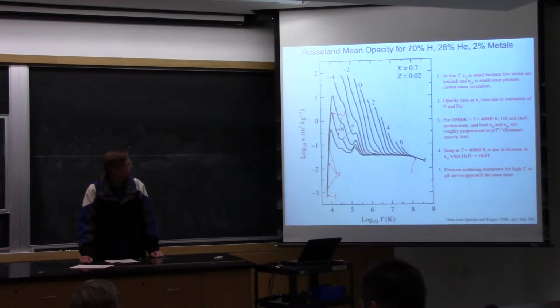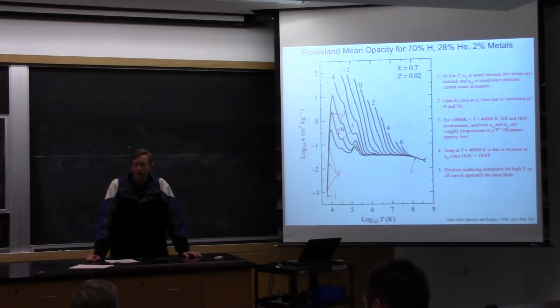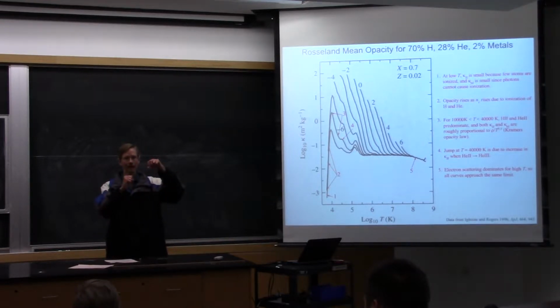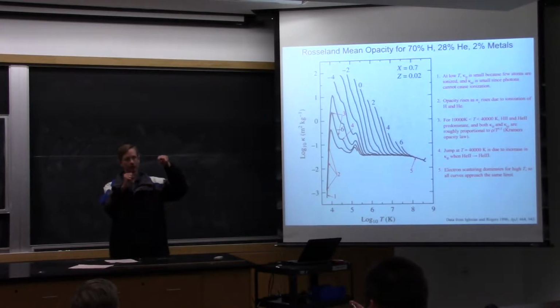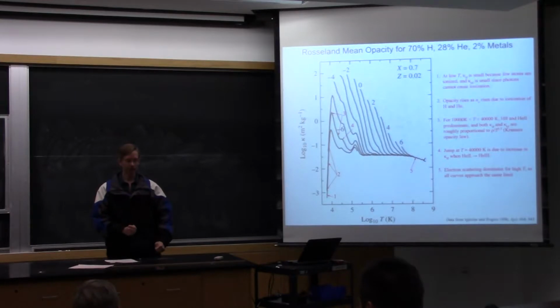The bound-free opacity, what does that refer to? Bound-free means it starts bound, ends free. So what's another name for that process of going from bound to free? It's ionization, right? So that's the opacity due to ionization, where a photon with enough energy comes along and strips an electron off of an atom.